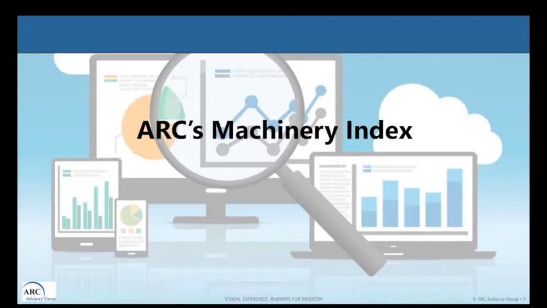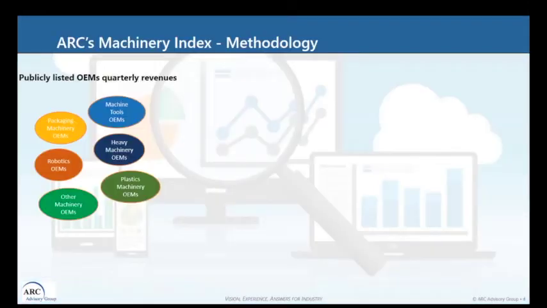ARC's machinery index. So what is the index? To produce this index, we collect revenue numbers from publicly listed OEMs, and we do this on a quarterly basis. And of course, we split this between different machinery segments, like machine tools or packaging or plastics machinery or robotics.